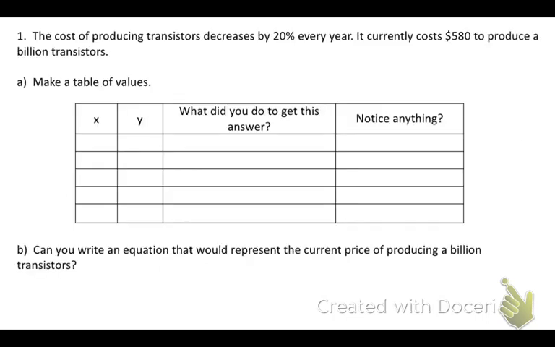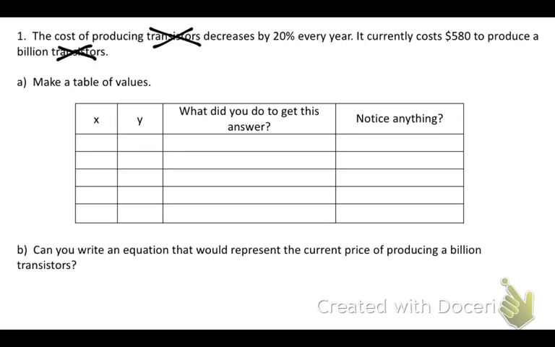Number 1, the cost of producing transistors decreases by 20% every year. It currently costs $580 to produce 1 billion transistors. That sounds like a really fancy word problem. And if you're worried about the word transistors, you can cross it out and put in whatever word you want.